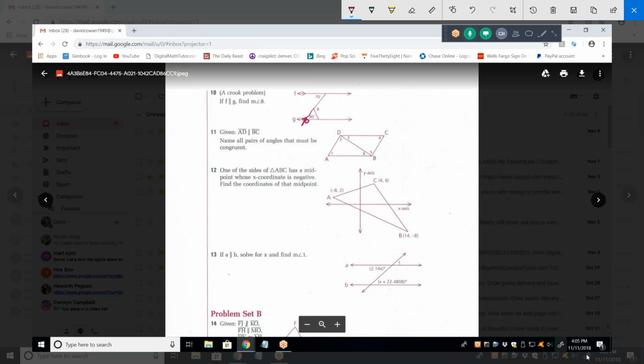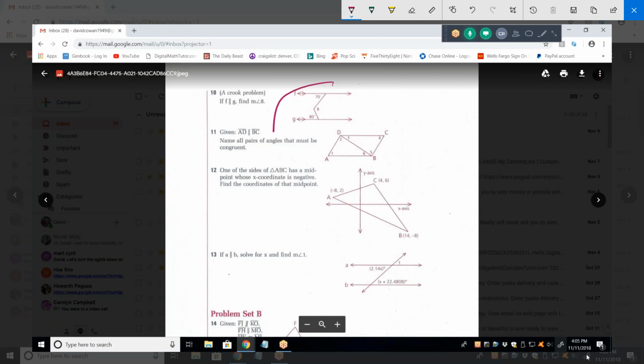That makes this 30. And that's a linear pair, so that makes 8 equal to 150. So that's the way you would normally solve it, by extending the line. Either you could extend that line or you could extend that line. But once you extend it, you have a complete transversal, and you can figure out all the angles involved.